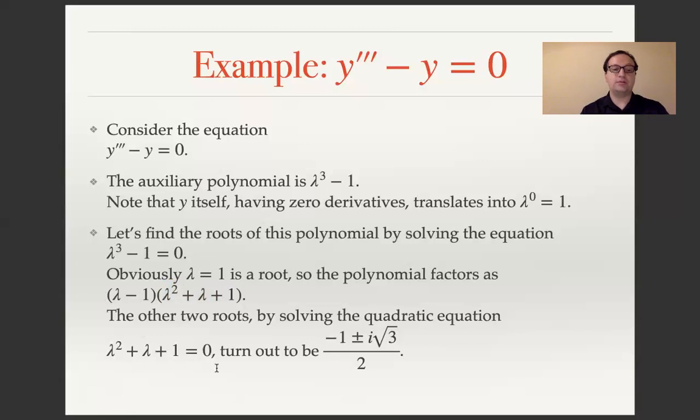The other two roots turn out to be, well, please check by solving the quadratic equation yourselves, minus 1 plus or minus the square root of minus 3 over 2. And the square root of minus 3 is plus or minus i square root of 3. So you get minus 1 plus or minus i square root of 3 over 2.